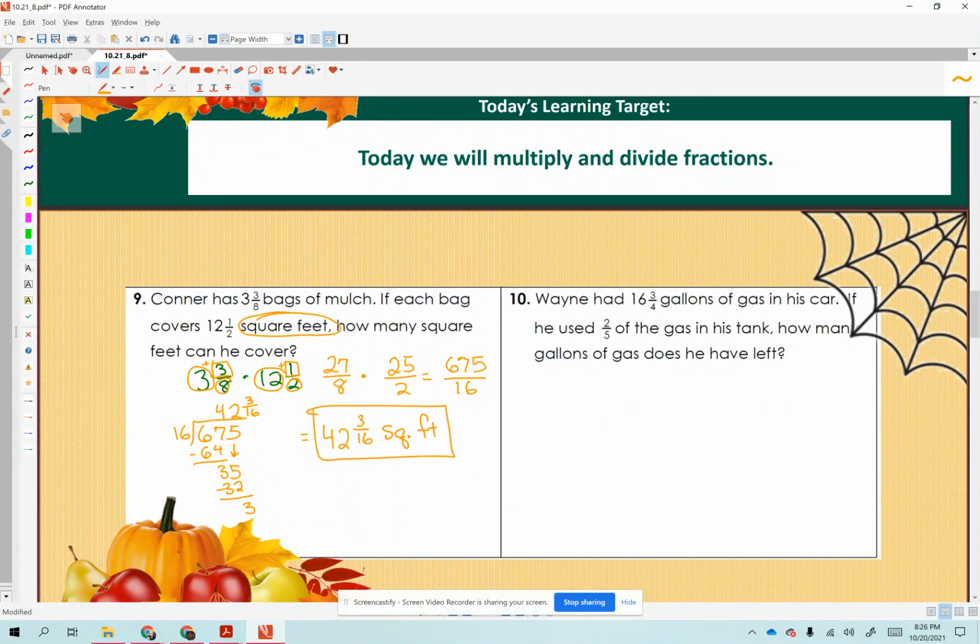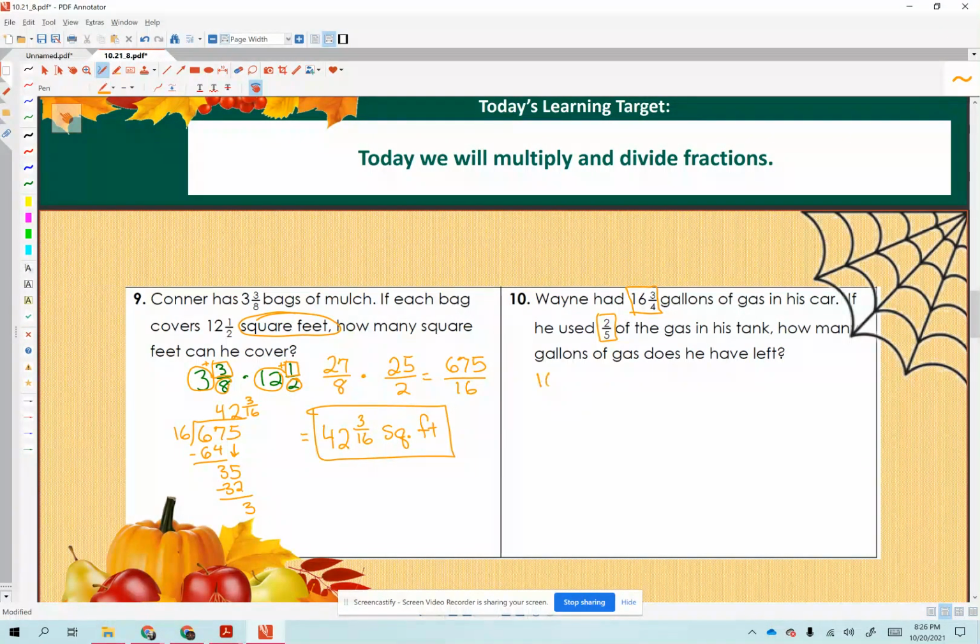And that's that. So our last multiplication problem, Wayne had 16 3/4 gallons of gas in his car. If he used 2/5 of the gas in his tank, how many gallons of gas does he have left?